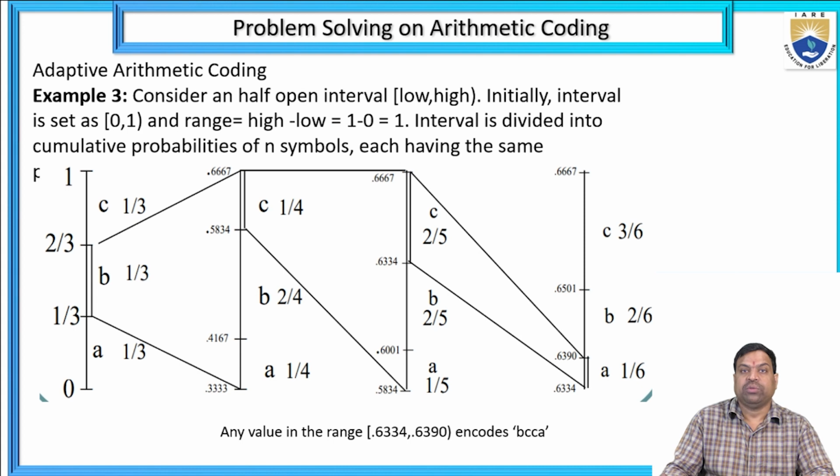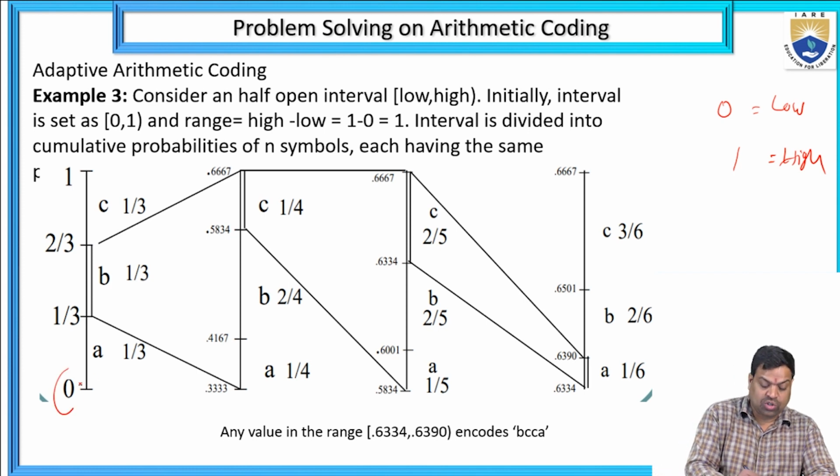Adaptive arithmetic coding. Consider a half open interval, low and high, initially set as 0 to 1, with range equal to high minus low, that is 1 minus 0 equal to 1. The interval is divided into cumulative probabilities of n symbols: 0 to 1, 1/3 and 2/3.